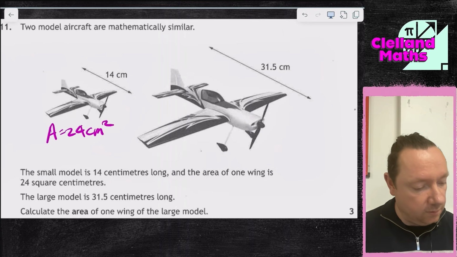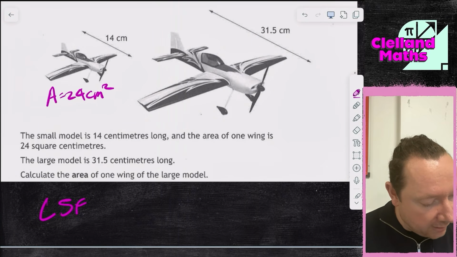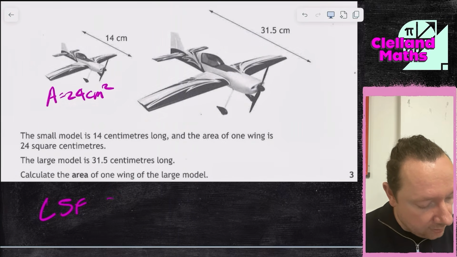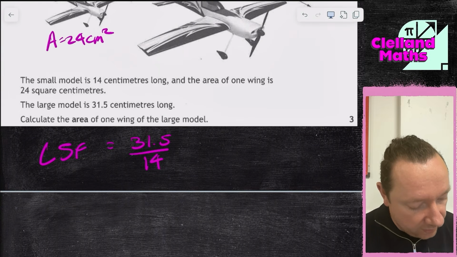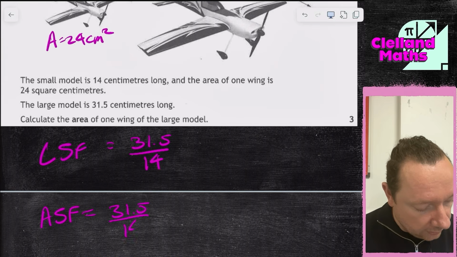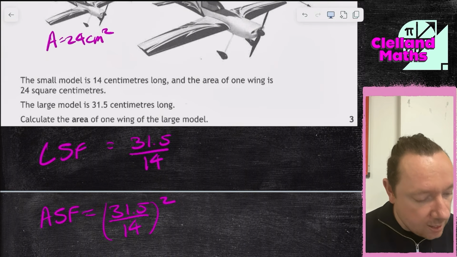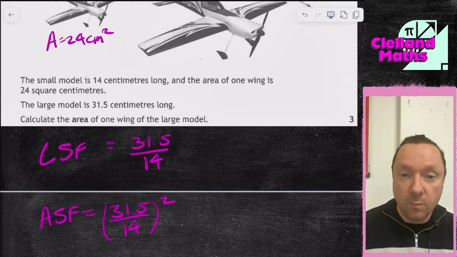Well, this is a scale factor. So the linear scale factor, I want to find it in the big one. So I do the big side divided by the small side. Now, I don't need to work this out, so I'm just going to leave it like that. But that means that the area scale factor is 31.5 over 14 all squared. So to get my new area, I take my area scale factor and times by my small area.